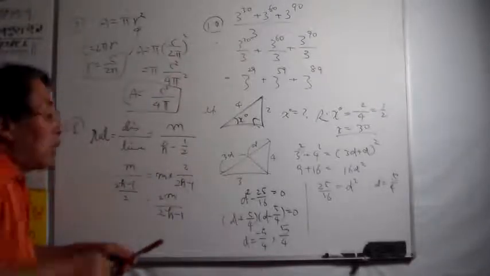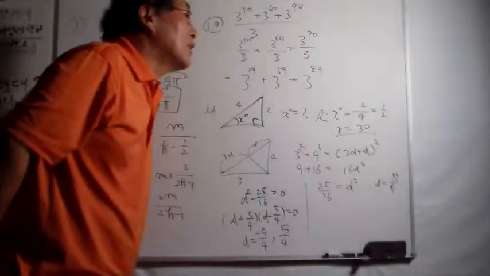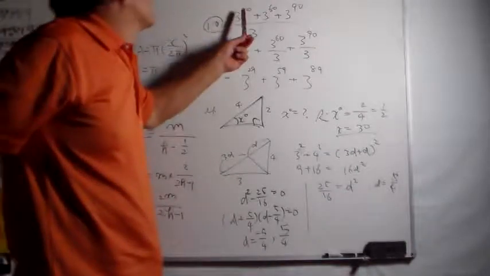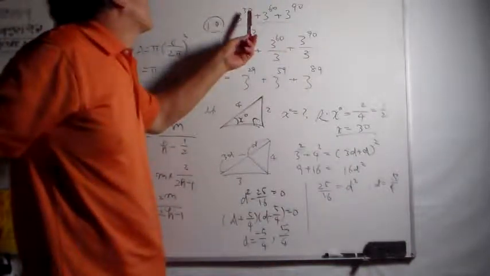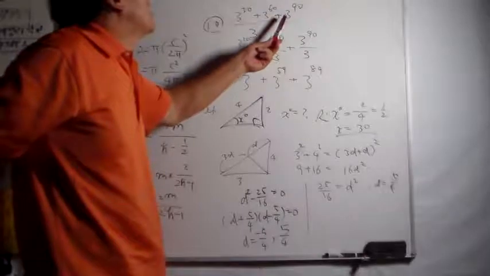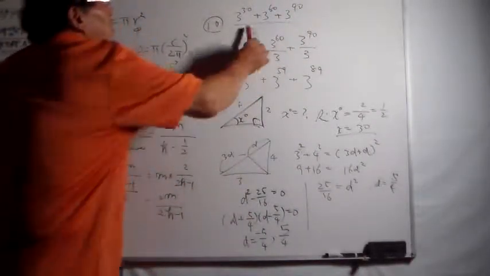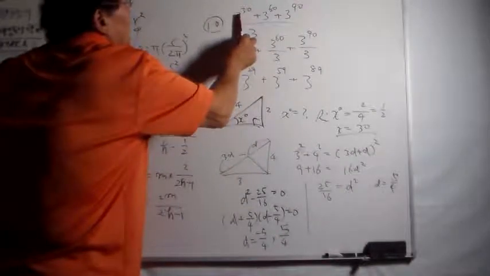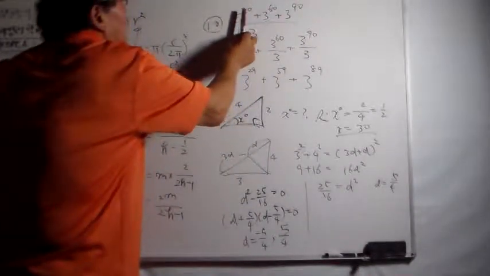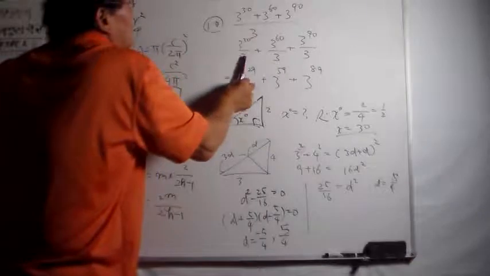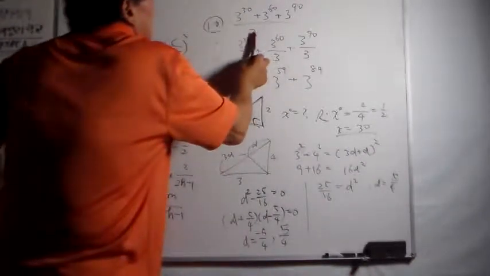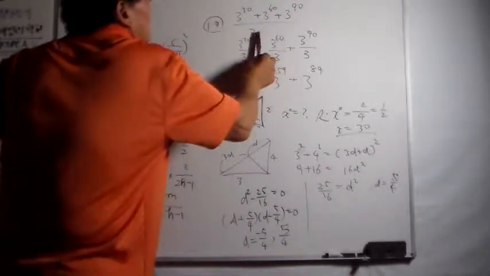Number 10 is what is the average of this one. So the average, you find by dividing by 3, right? From here we're going to split this one. The quotient is 3 to the 30th power divided by 3, this part, plus this part, plus this part.